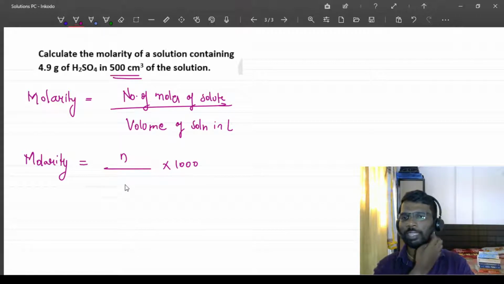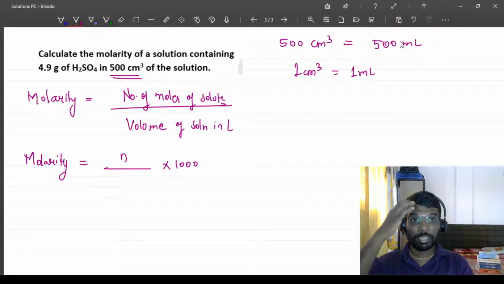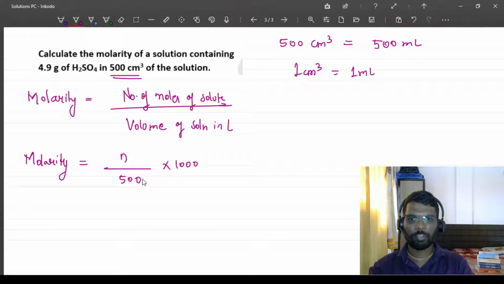What is the meaning of 500 centimeter cube? It is directly equal to 500 ml, because 1 centimeter cube is equal to 1 ml. So if you are writing this to be 500 ml, then you have to multiply it by 1000.